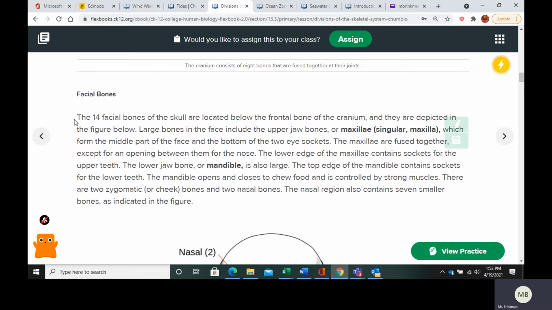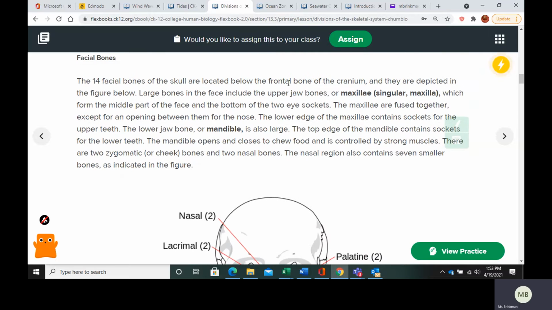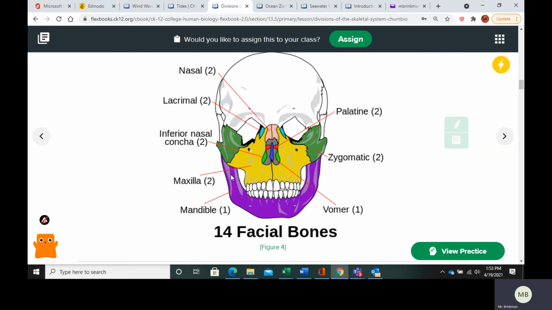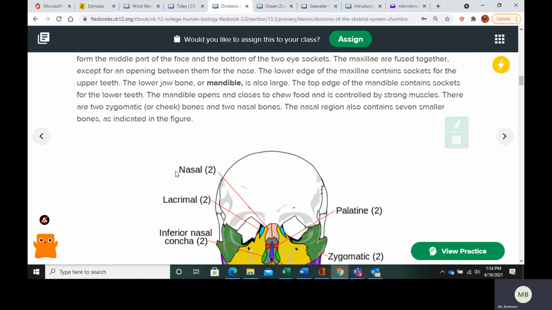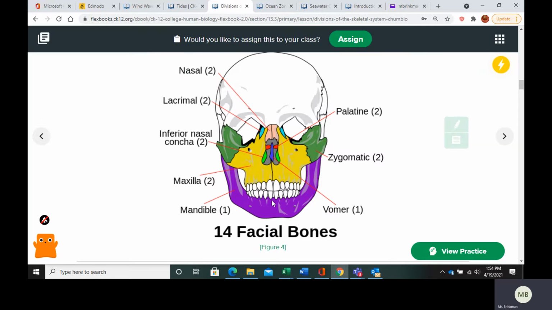Facial bones, there are 14 facial bones. The large bones in the face are the upper jaw bones, or maxillae. The lower jaw bone is the mandible.